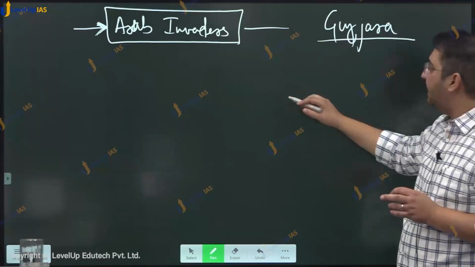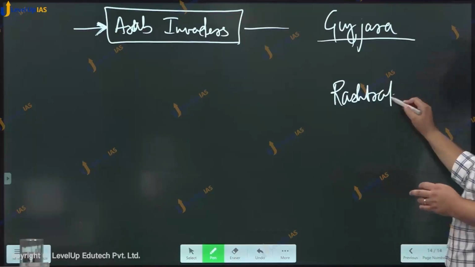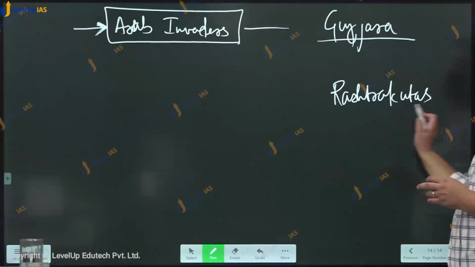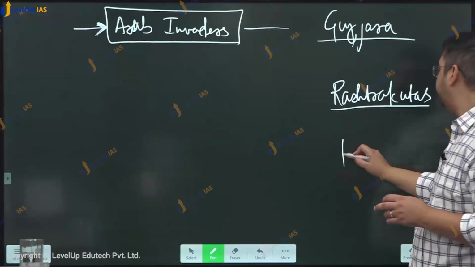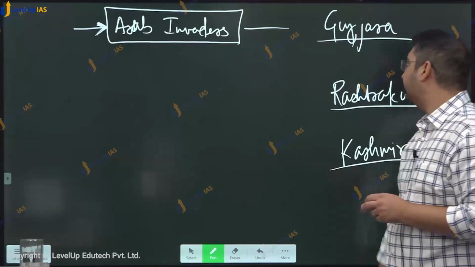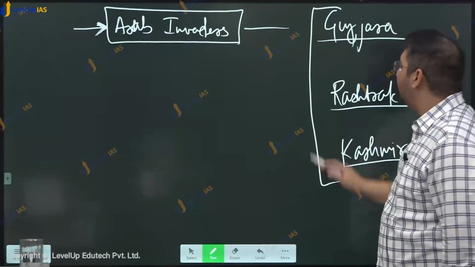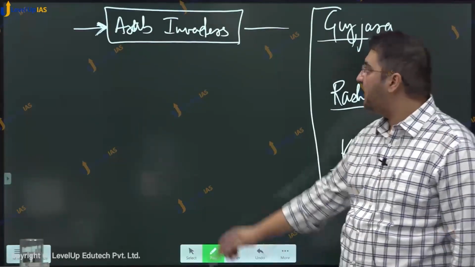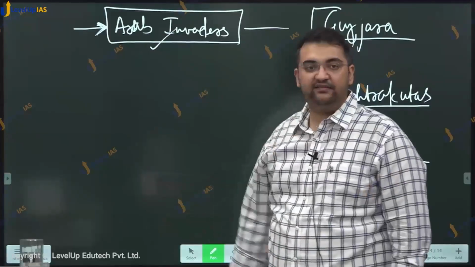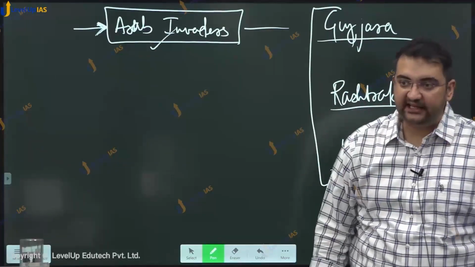The Gurjars and the Rashtrakutas and finally the rulers of कश्मीर. तो अब ये तीनों किस तरह से इमर्ज होंगे एज इन रिलेशन टू द अरब इन्वेडर्स? एज प्रोटेक्टर्स, एज गेट कीपर्स.